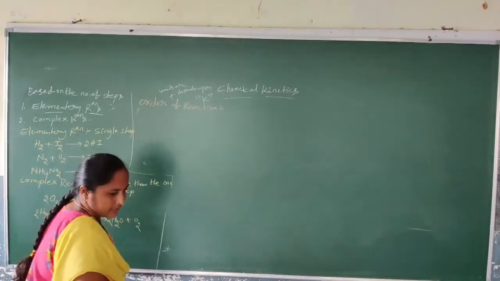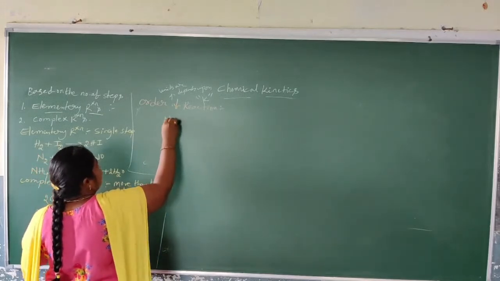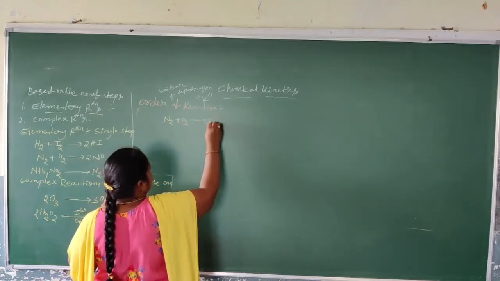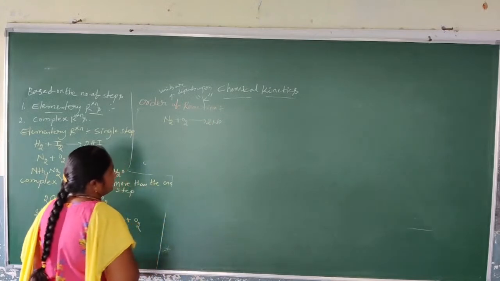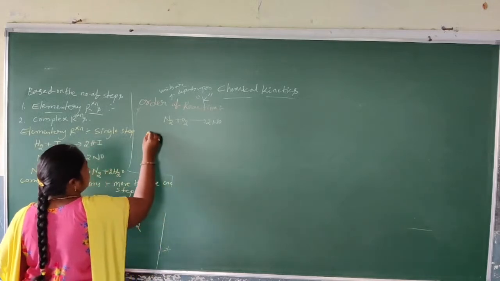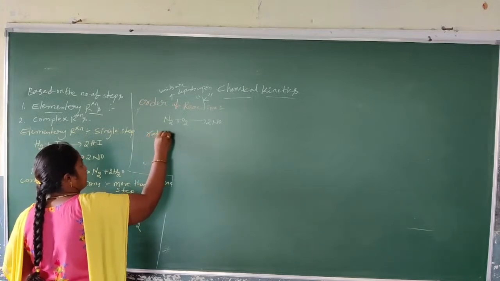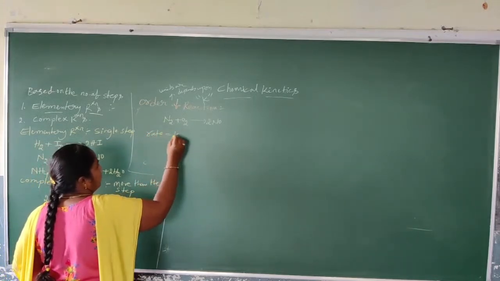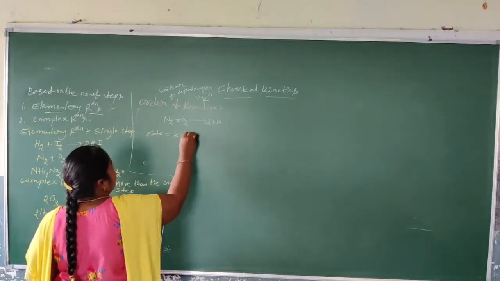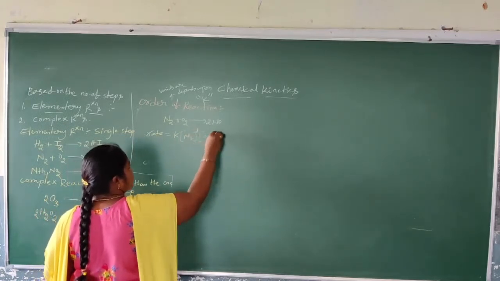Here, N2 plus O2 react with each other to form 2NO. For this, how can we write the rate of reaction? Rate is equal to K into N2 into O2. The N2 power is 1, the O2 power is also 1.